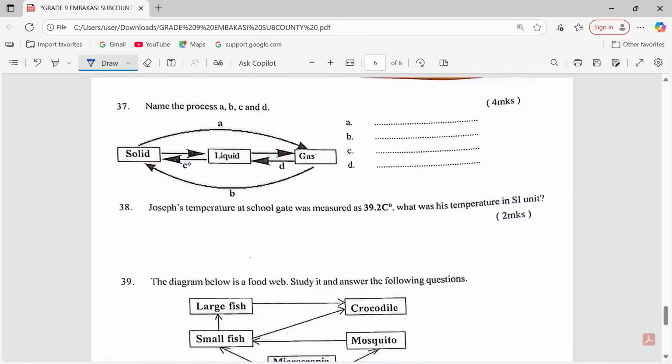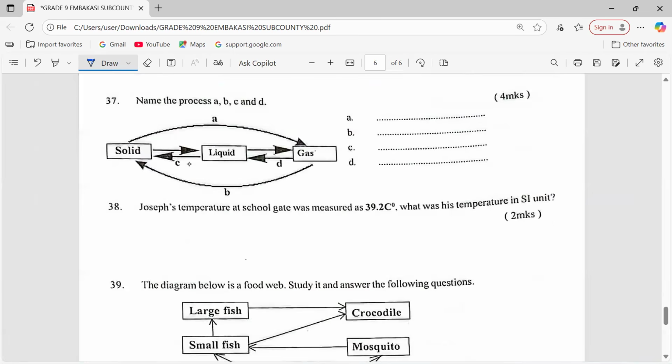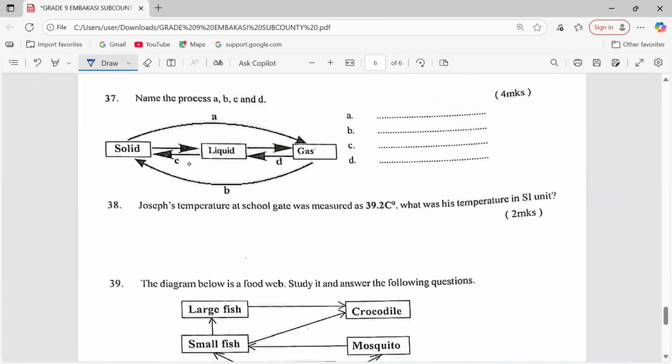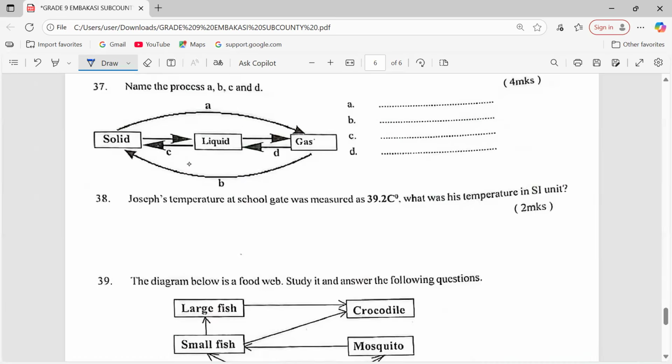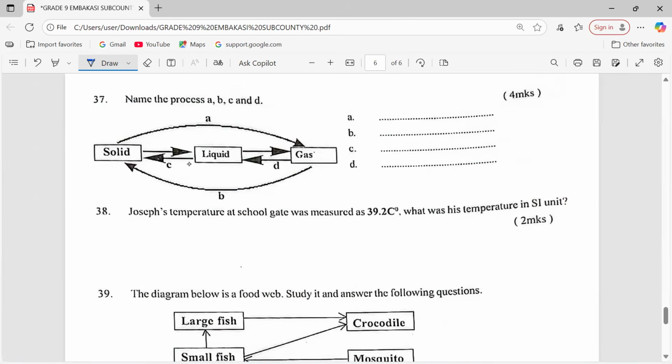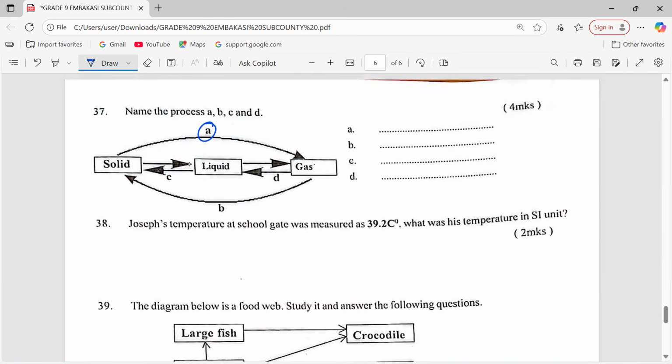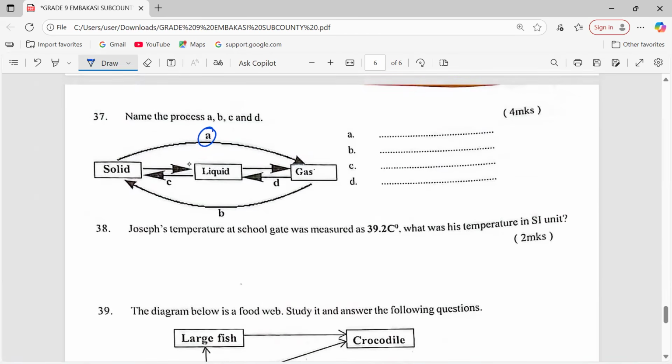37. Name the process A, B, C, and D. So we have a change from solid directly to gas without joining the liquid state. That process is called sublimation. So you write sublimation.